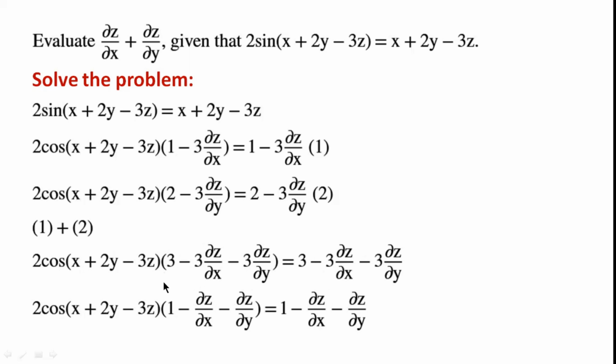Next, we divide both sides of the equation by 3.